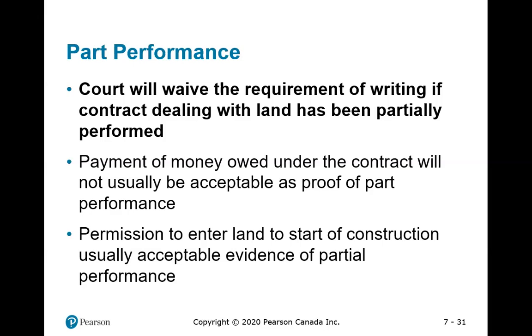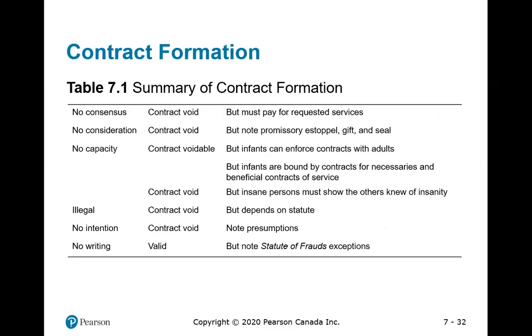Now, I am breaching the agreement. You cannot sue me because it was verbal, should have been in writing. However, you can establish in court that I have partially performed the agreement. Let's say I have already put fences in the lot. There's partial performance. I have made a transfer. So if I can show partial performance on any side, then I can waive the written requirement. This is what partial performance is for.